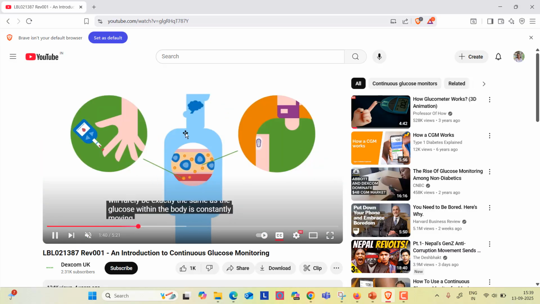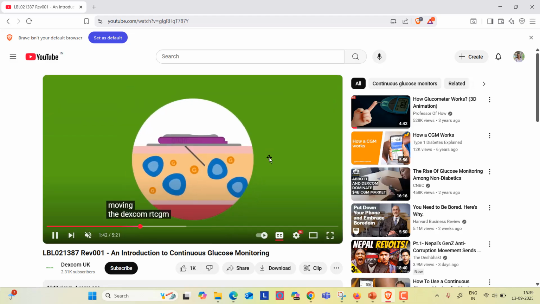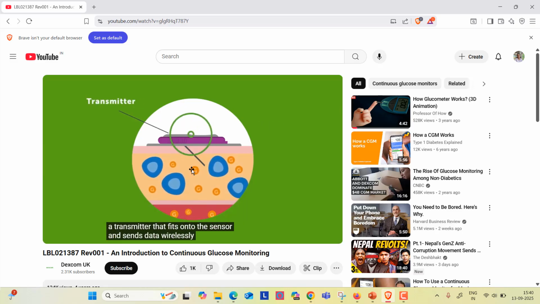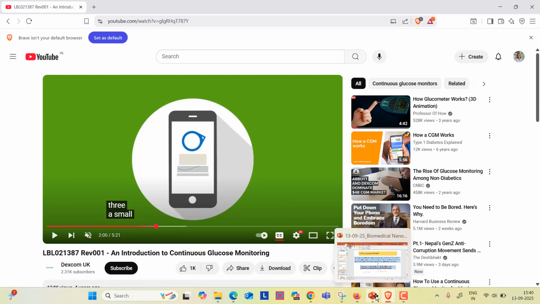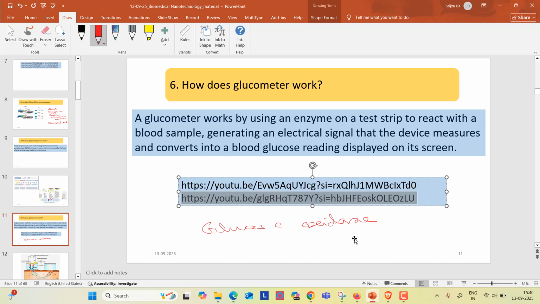So this is showing how your blood is collected. Suppose this device is a small sensor that measures glucose levels just beneath the skin. Okay, I think you have understood the basic fundamentals of how the glucometer works. So we can proceed to the next.